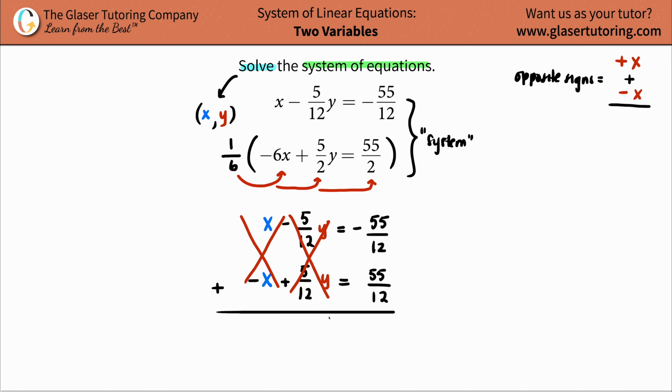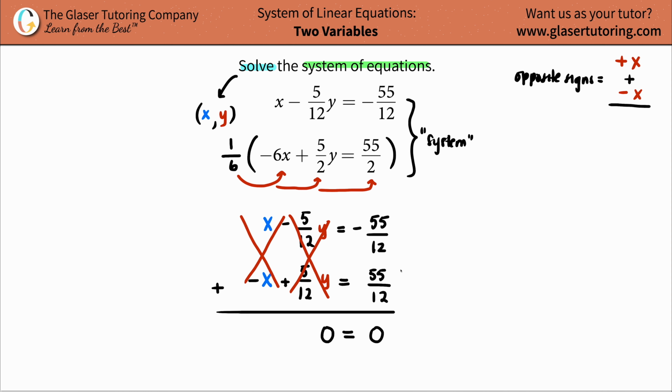They go bye-bye. I think I'm losing it, but don't worry. So this is just a big fat 0 on this side. And now these numbers are the same, but opposite as well, right? So negative plus a positive 55/12, that's a 0 as well. All right, so we're down to it, right?